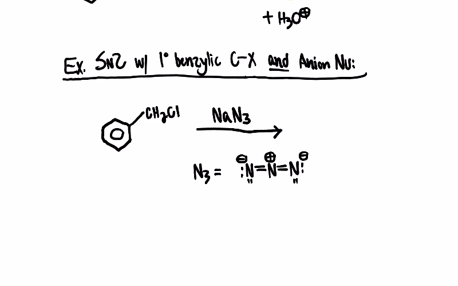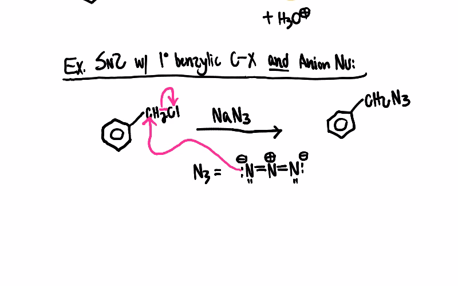And what's going to happen here is that in this SN2 mechanism, remember SN2 is a one-step reaction where the nucleophile comes in, that's going to be one of those terminal nitrogens, at the same time that the leaving group breaks away, which we can see here. So we'll go ahead and draw in the product of this SN2 reaction. Which would give us a product of CH2N3.